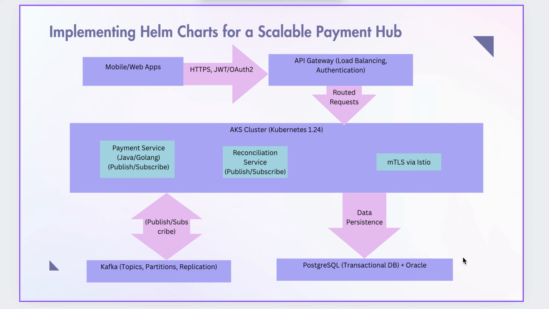The decoupled design with Kafka and microservices allows independent scaling and rapid iteration, while AKS and Helm streamline deployments. Observability provided by ELK Stack, AppDynamics, and Grafana Prometheus ensures we detect and resolve issues proactively.